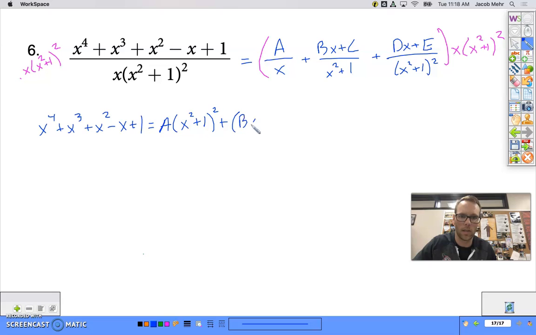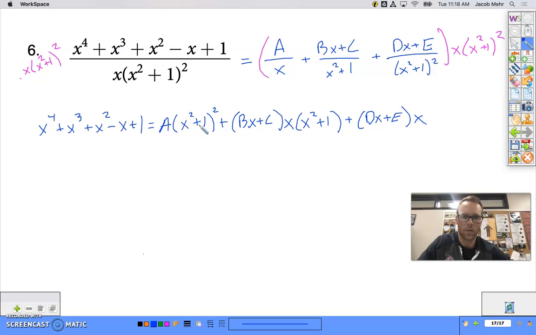We have bx plus c times that x is still there and one of the x squared plus 1, plus dx plus e times x.